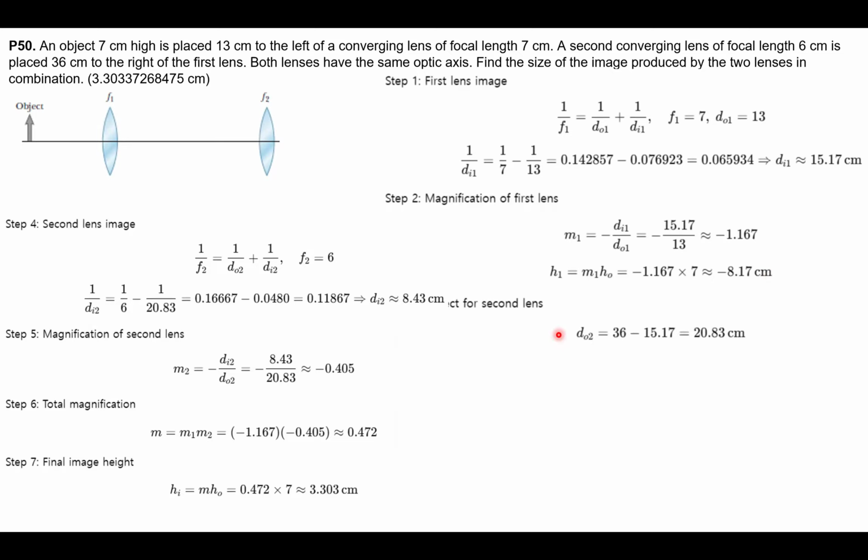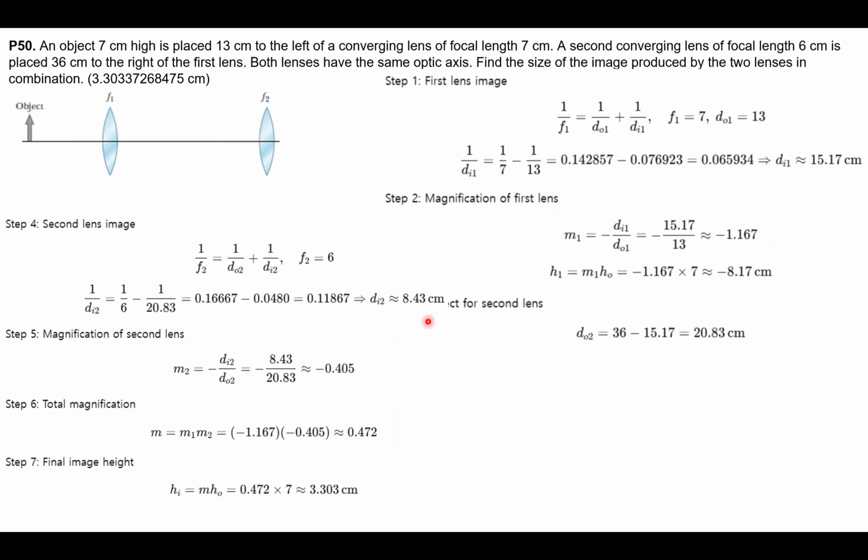Then this serves as the object for the second lens. In order to solve that, do2 should be this distance minus this distance. Note that di1 is given, and from di1 and do1 you get the magnification. From this conversion you get do2, and then with the second lens equation you can get di2.